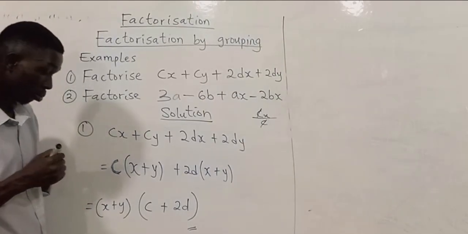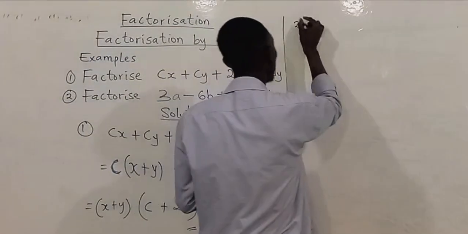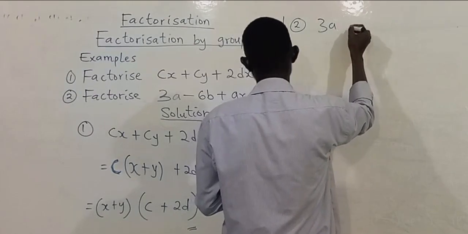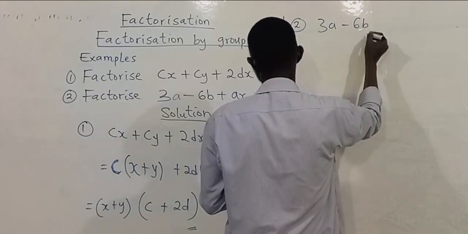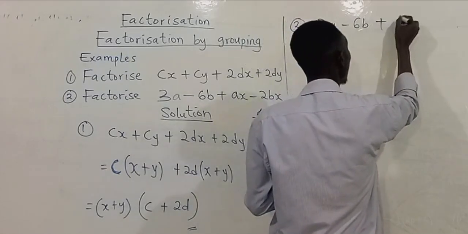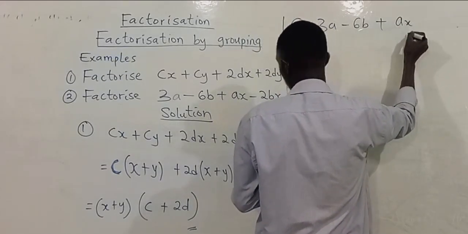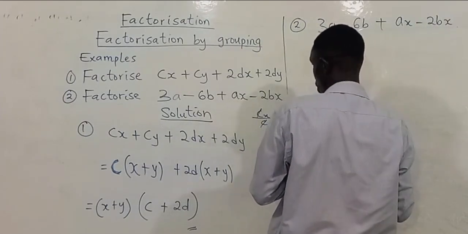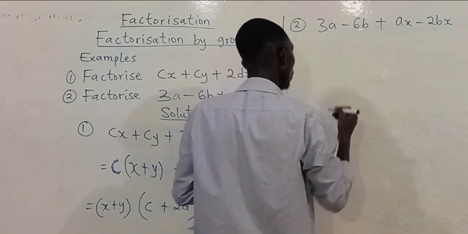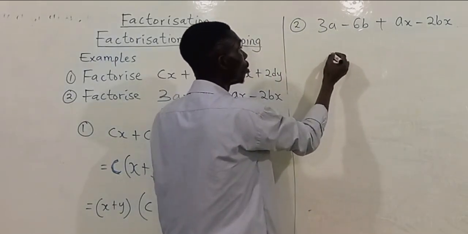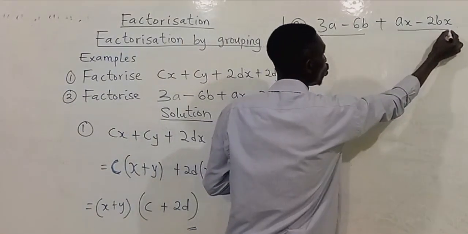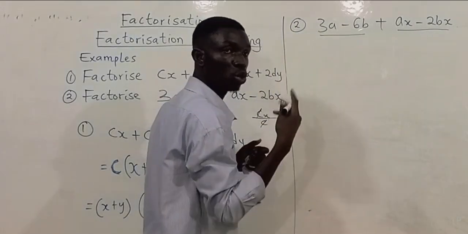Example 2, we say 3a minus 6b plus ax minus 2bx. Remember I said group in 2's.